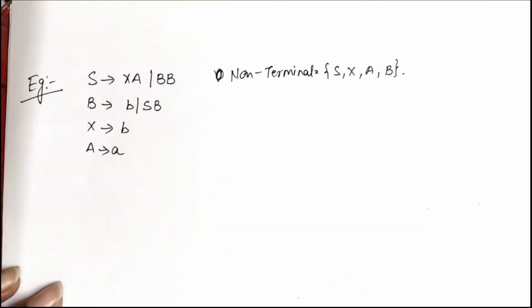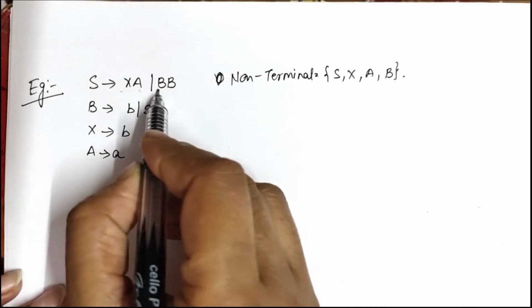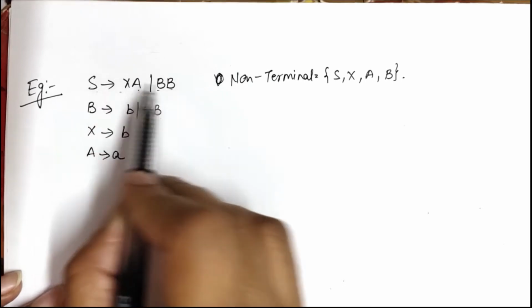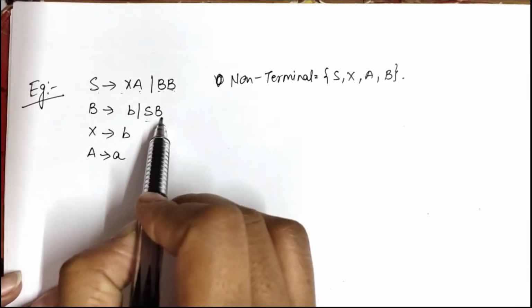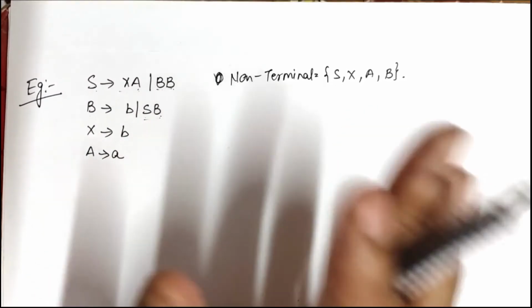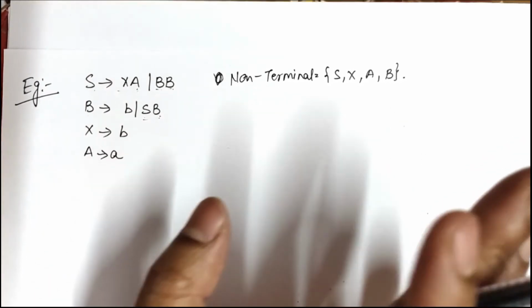So this means S derives XA, S derives BB, and B derives SB are not in GNF form, and the remaining productions are in GNF form where the first condition is satisfied.